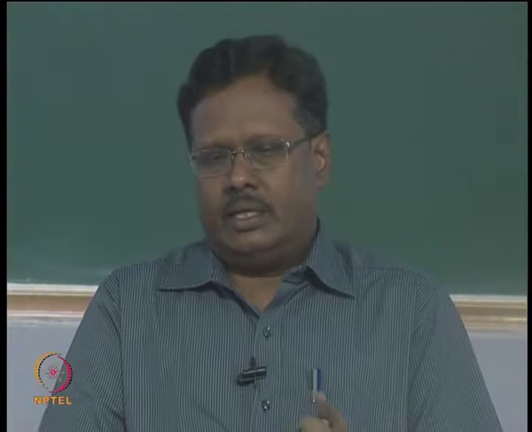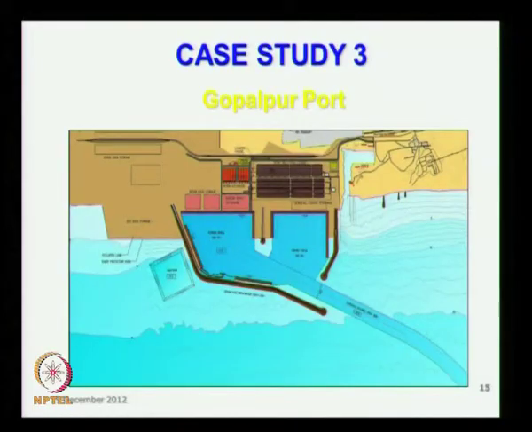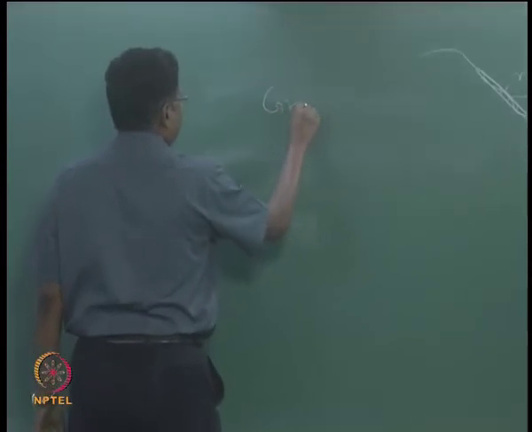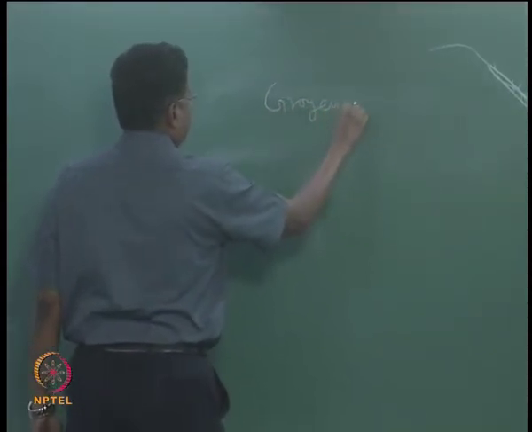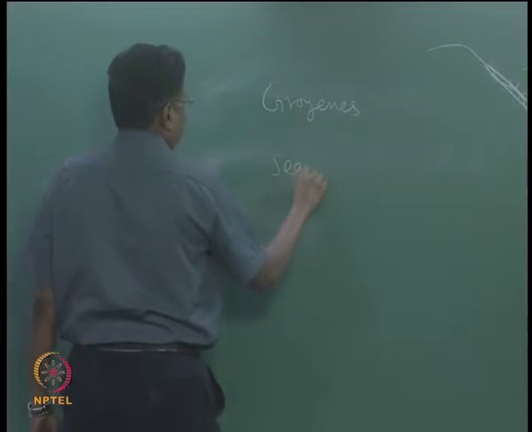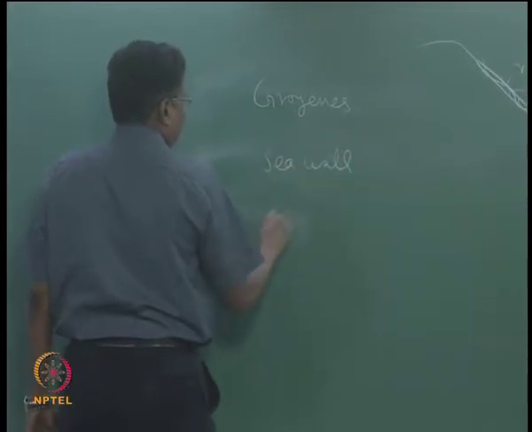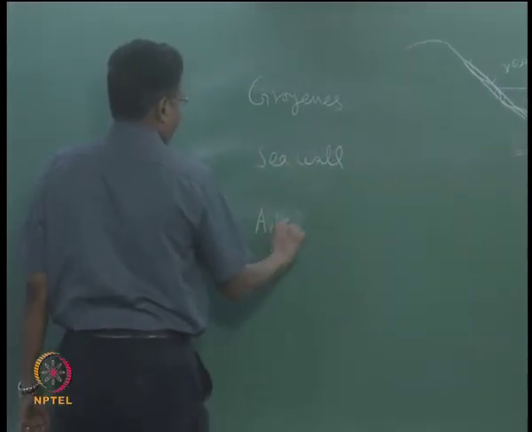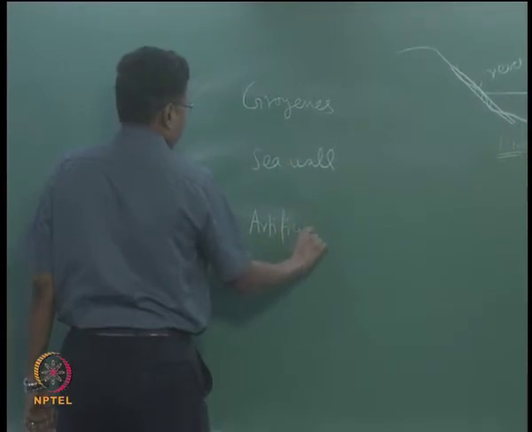The third case study we are going to see is for Gopalpur Port. There we will be seeing three types of shore protection. The three types of shore protection that will be considered are groins, a sea wall, and also artificial nourishment.